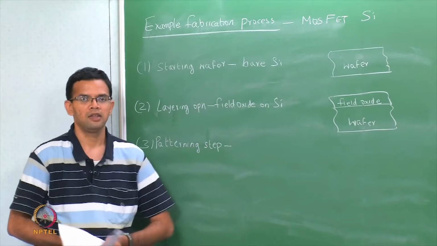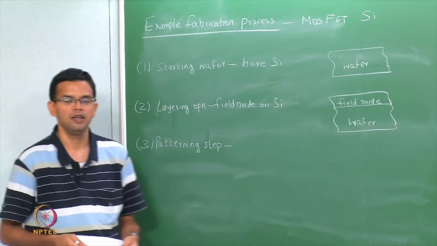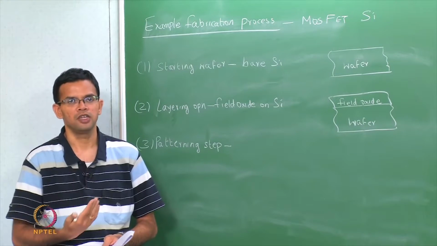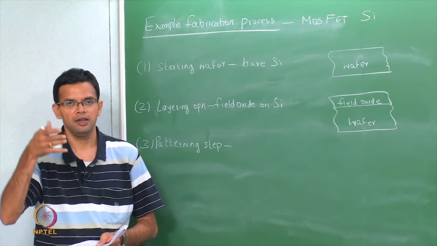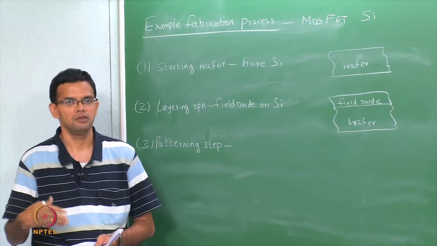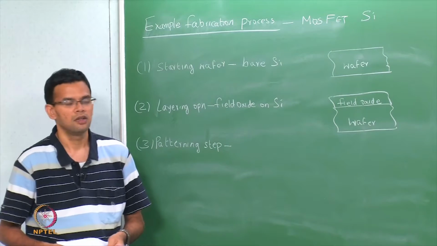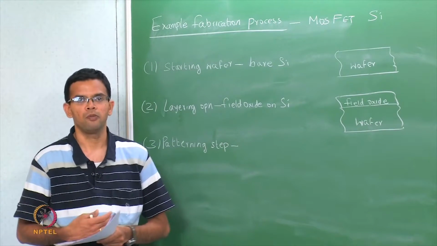In the case of a patterning step, we want to open a window in the field oxide so that we can deposit the gate oxide and also the gate. So, if you remember a MOSFET device, a MOSFET has a gate and a source and a drain region. So, the first thing we are going to do is to make the gate. So, for making the gate, we use patterning and we use the appropriate mask.